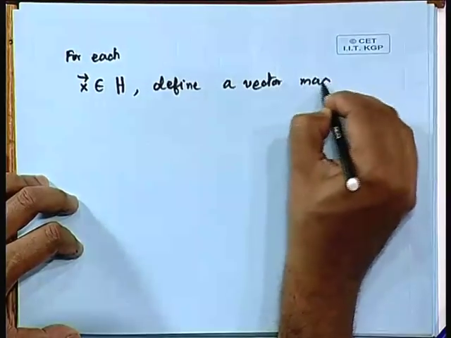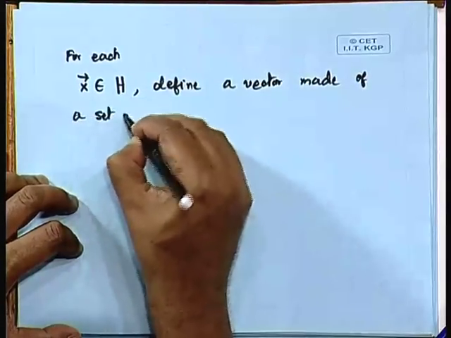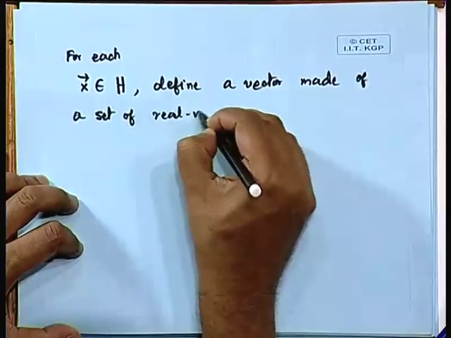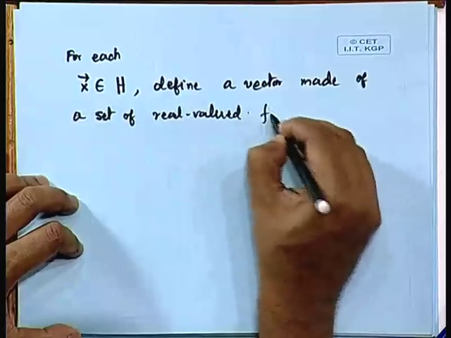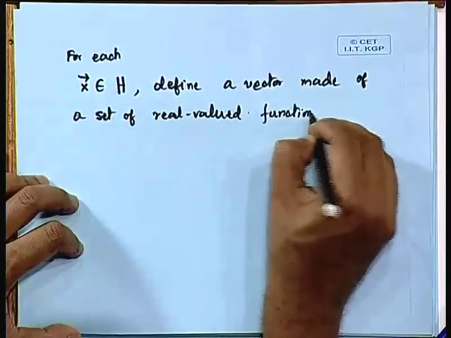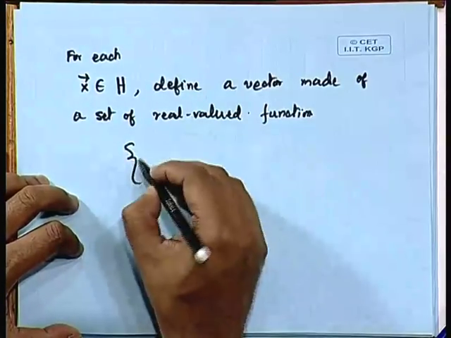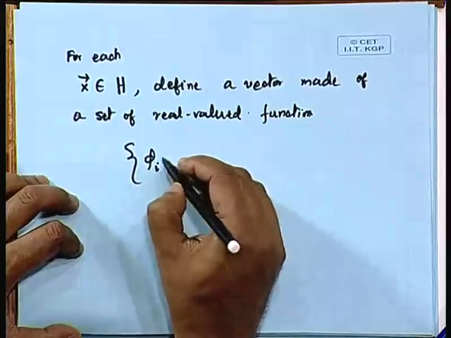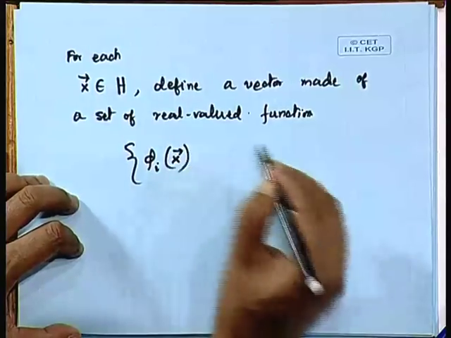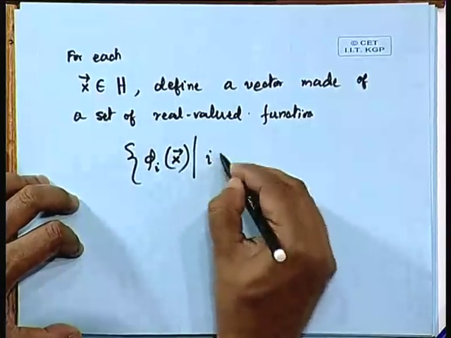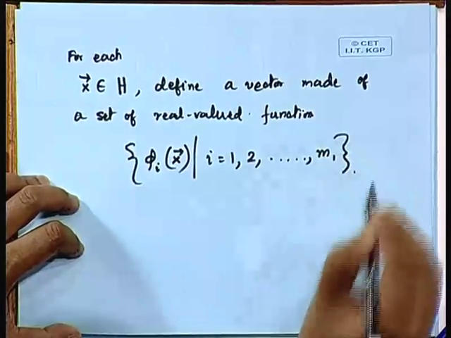That vector will be written as: we will be defining a real valued function phi i of x vector, given that i is equal to 1, 2 up to some number, let us say m1.